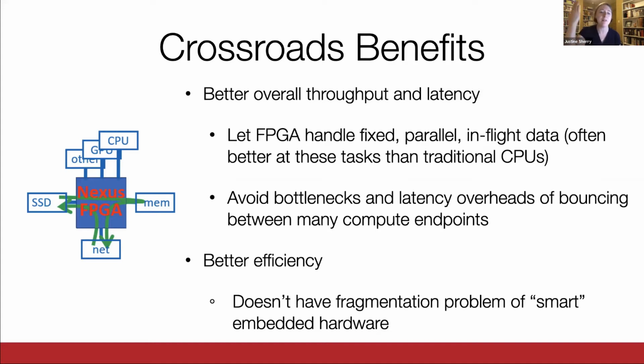If I want data coming through the network to have TCP reassembly applied to it before it hits the application layer, the data doesn't have to go anywhere new. It doesn't have to be copied. It doesn't have to go over an extra communication channel to get to that FPGA, because the FPGA is already at the heart of the server.